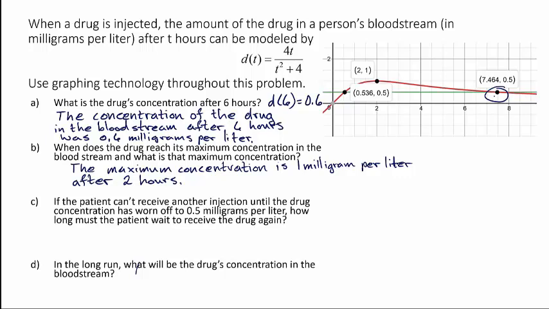It's that wearing off later on that's when the person would need to take the drug again. The person would be able to take the drug again after 7.464 hours, or roughly 7.5 hours. So that's what I would say. The patient must wait 7.5 hours to take the drug again.